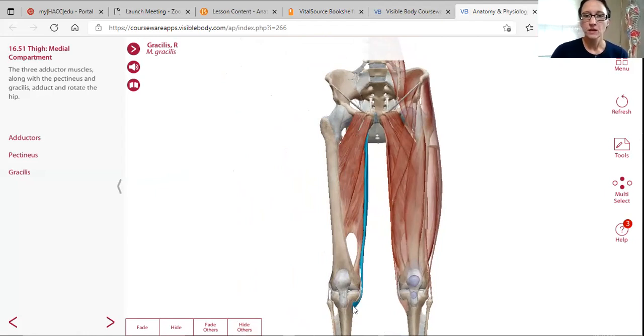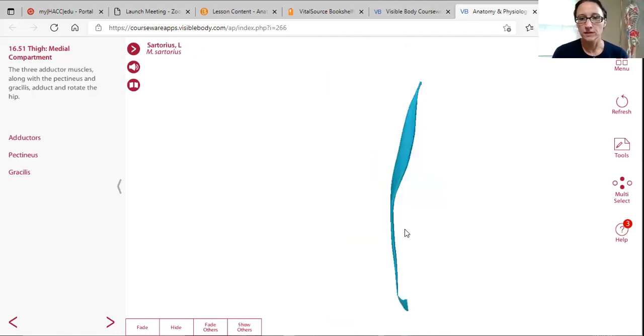Okay. Now, what we don't have, actually we do. Let me get rid of that. I'm just gonna hide it. That's confusing. I'm gonna hide this one too. Hide sartorius. Whoa, Nelly.